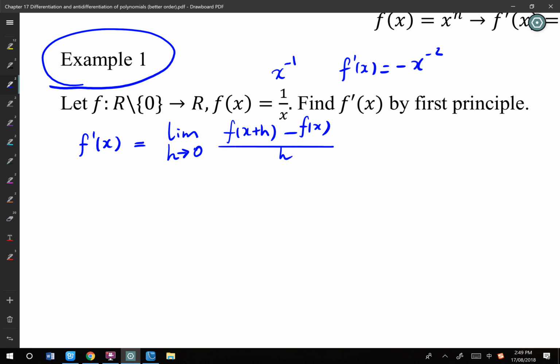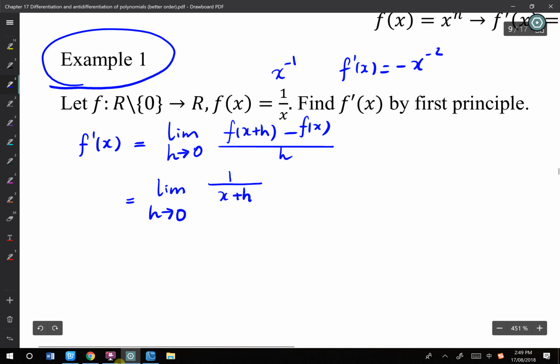So what I have is this equals the limit as h approaches 0 of f(x plus h), which is 1 over x plus h, minus 1 over x, then over h.